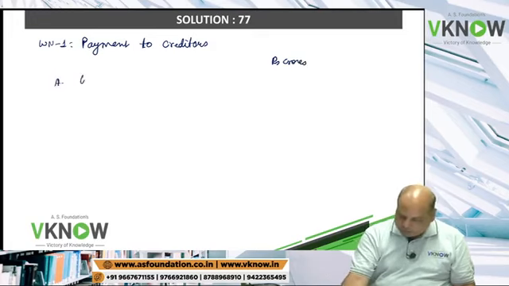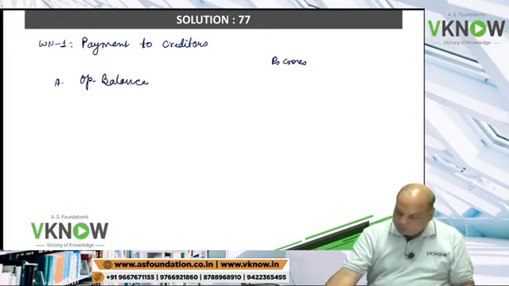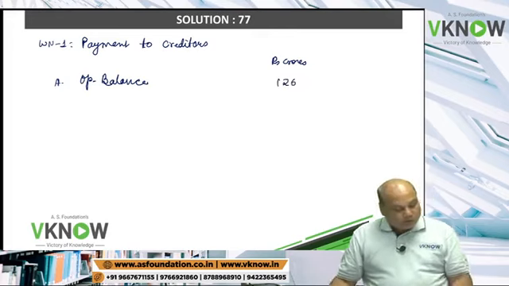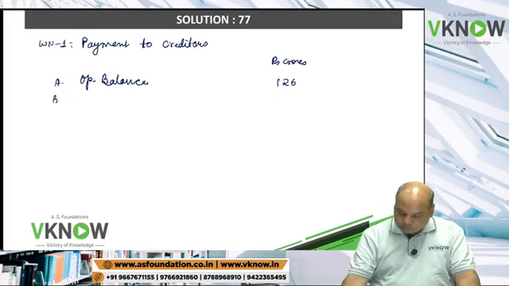First point A, opening balance, or you can prepare a ledger also if you want. Opening balance is 126. Point B, add credit purchase.